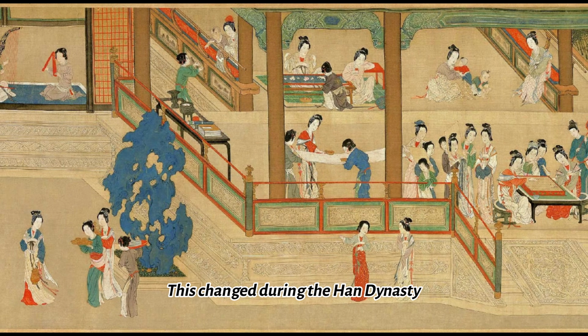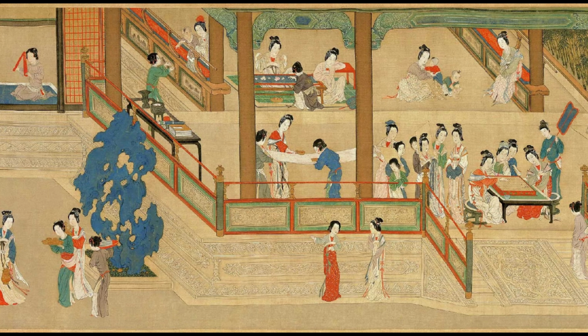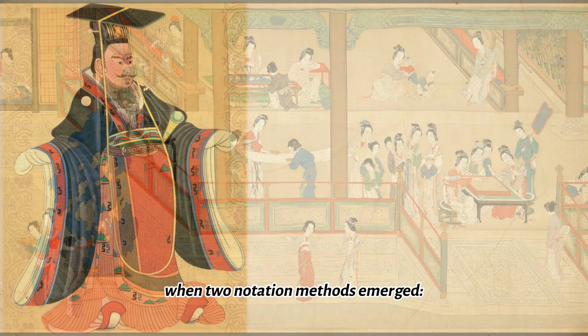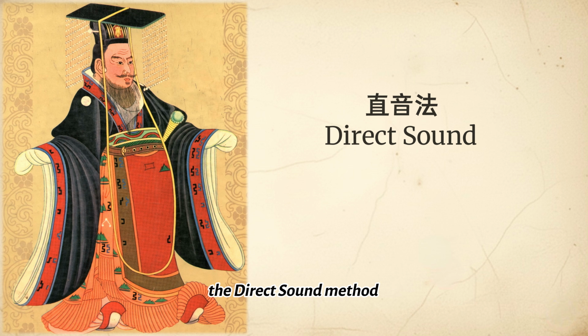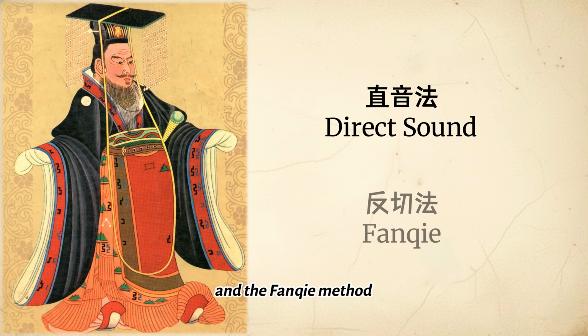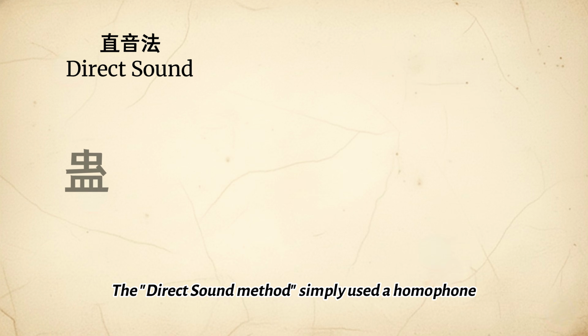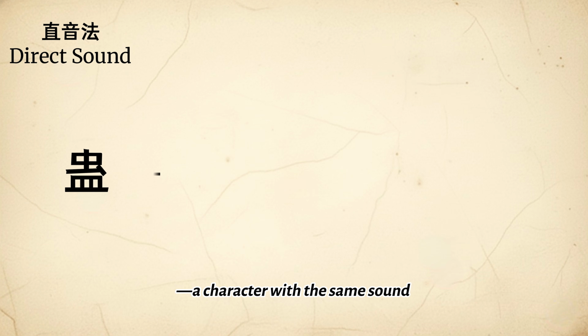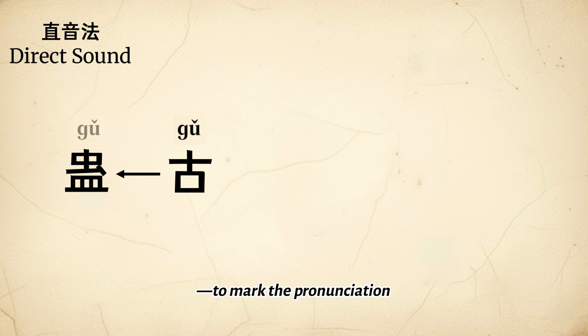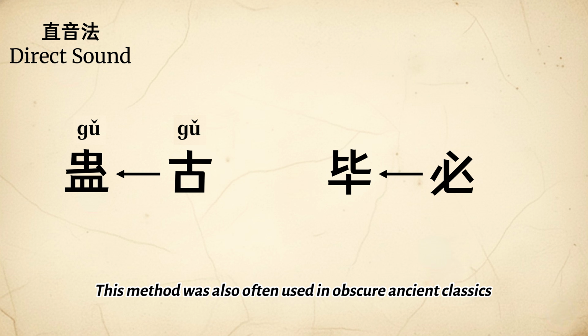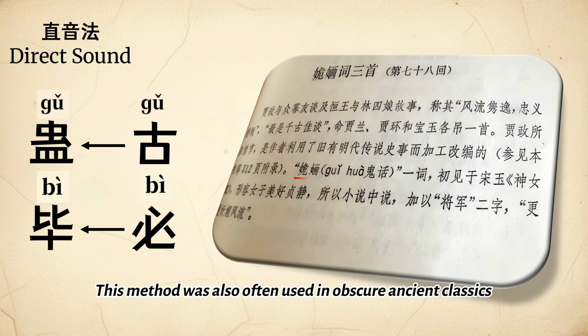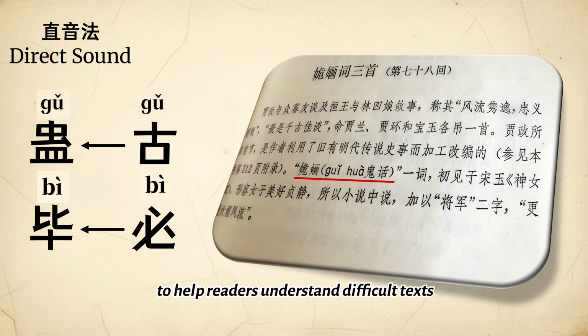This changed during the Han Dynasty when two notation methods emerged, the direct sound method and the fanqie method. The direct sound method simply used a homophone, a character with the same sound, to mark the pronunciation. This method was also often used in ancient Chinese classics to help readers understand difficult texts.